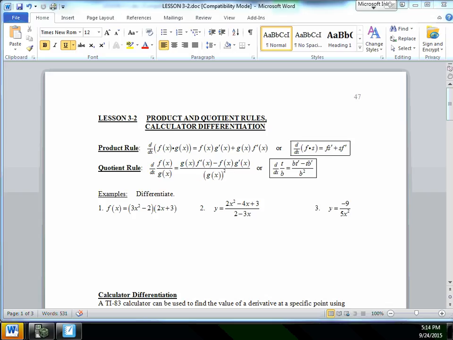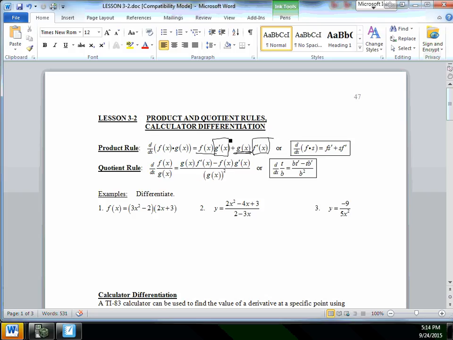So here we're going to be looking at the product rule, and the way I like to remember, I kind of do this piece first. I take the derivative of the first, leave the second alone, then plus, now leave the first alone and take the derivative of the second.